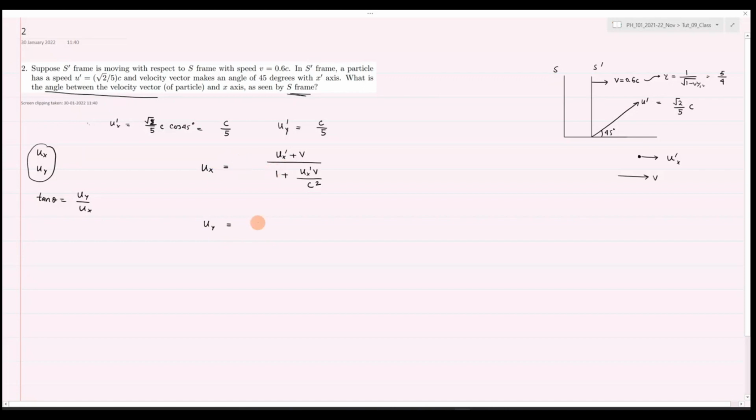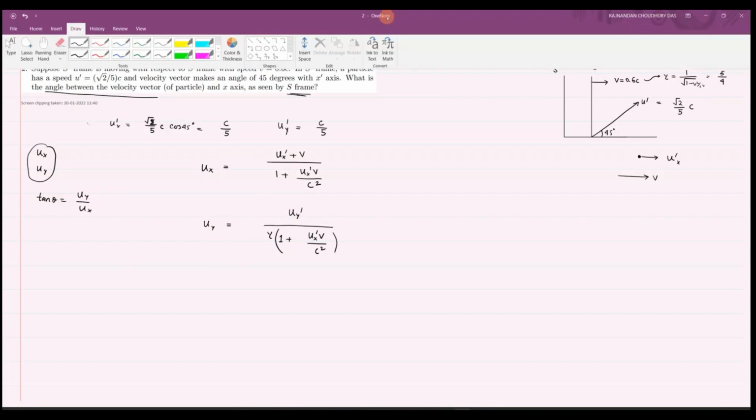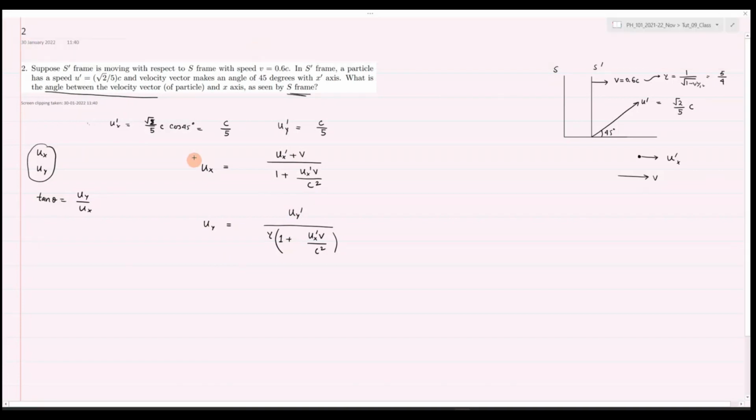And uy is similar: uy prime, but there is no frame speed along y, and it looks similar to this, by c square, but there is also a gamma here. This derivation you might have got by using Lorentz transformation. So these velocity addition formulas you actually have to remember.